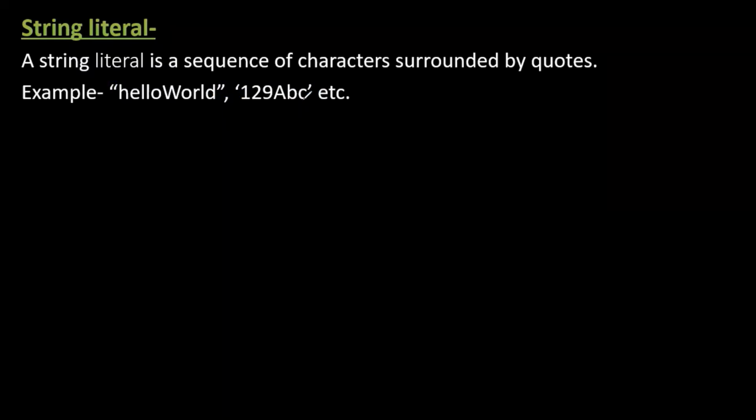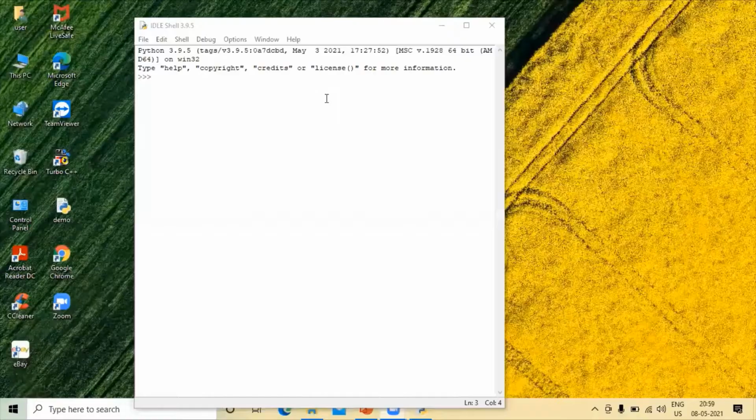These are examples of single line strings. If you have a single line string, you can surround it with double quotes or single quotes. But what if you want multi-line strings? Let us discuss this on IDLE. First, let me make a single line string.